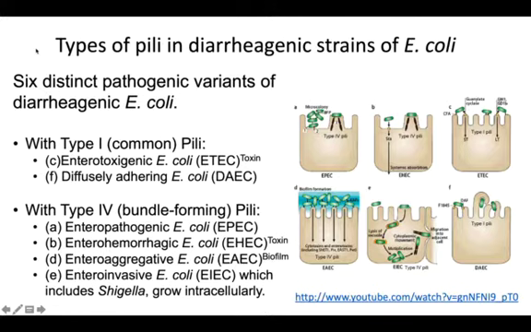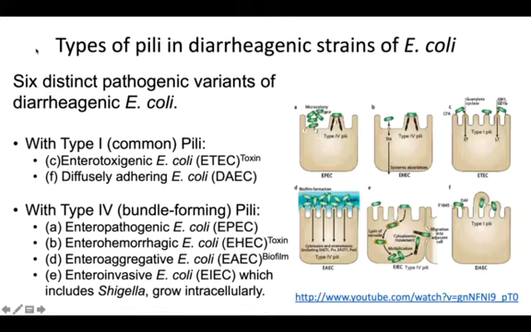And we've got two with type 1, and they're showing you numbers. If you look at the one on the far right top, type C, and then the far right bottom row, type F, have this type of pili. The attaching type of pili. And then if you see, we've got A, B, D, and E. The other 4 are pathogenic strains of E. coli that have the type 4 pili, the bundle forming, the twitching and crawling, and they form type of bundles.